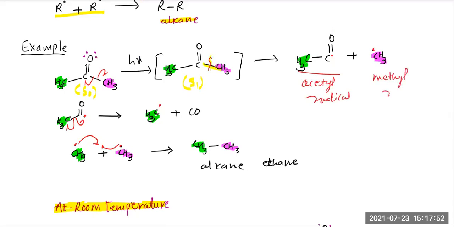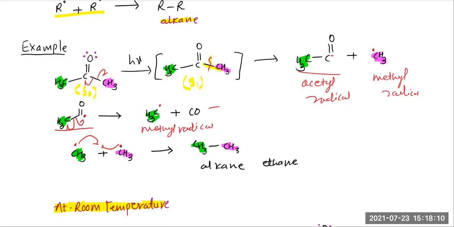Now in the second step, this acetyl radical again goes into homolytic cleavage. It forms a second methyl radical, and this is carbon monoxide as a neutral species.